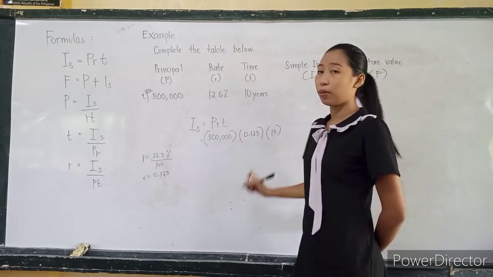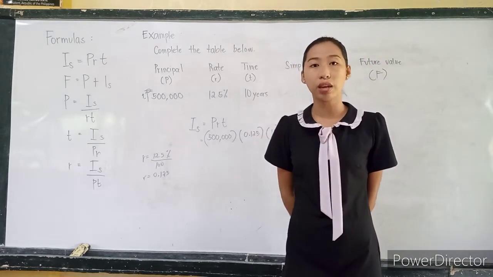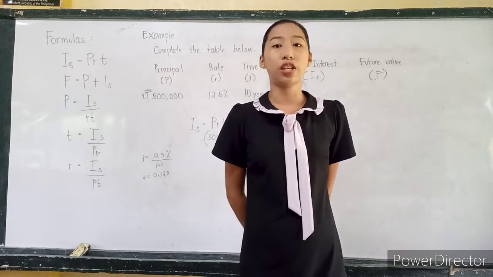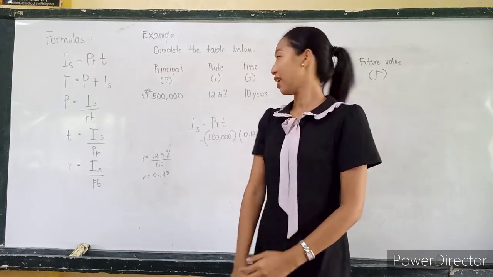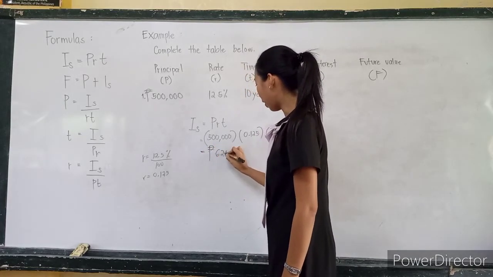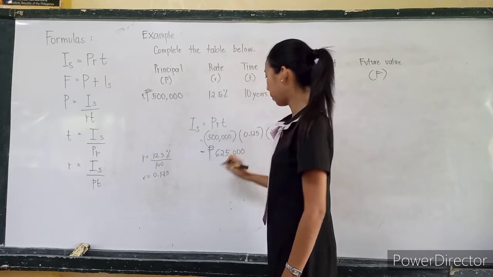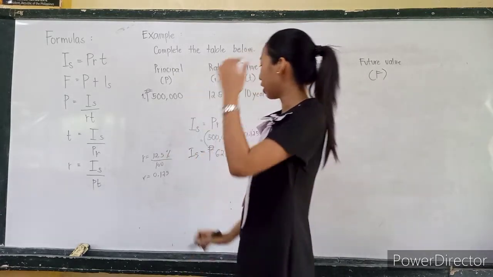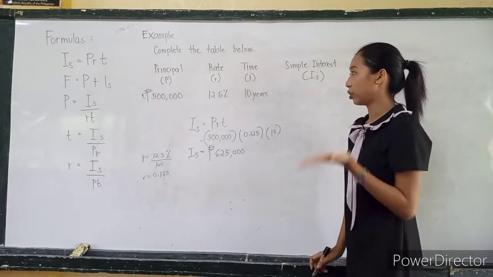So here are your values. Just input everything in your calculator, then press equals, and your answer would be 625,000 pesos.